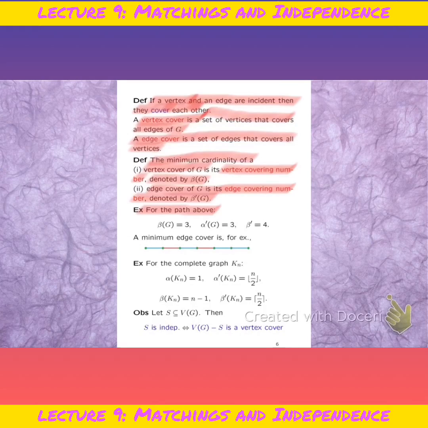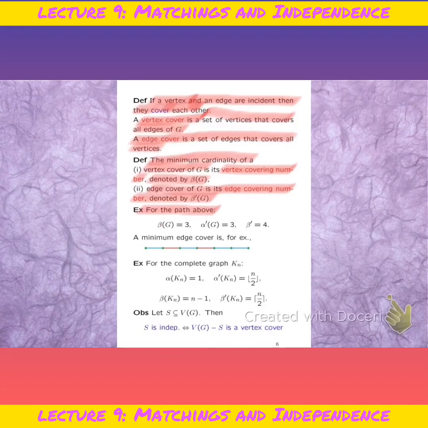Now, can I get by with 2 vertices? And the answer is no. I can't get by with 1 vertex or with 2 vertices. So the vertex covering number there is going to be 3.